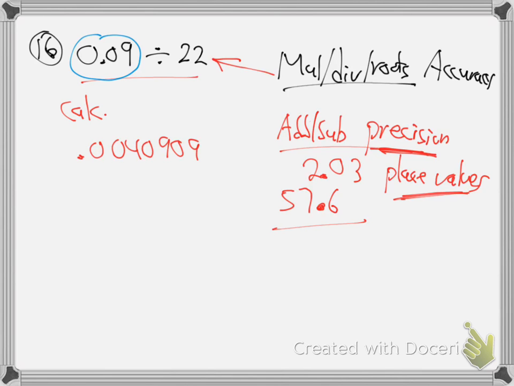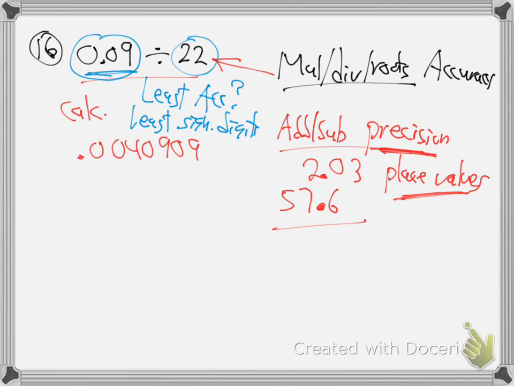So let's look at this number. Who has the least accuracy, meaning the least significant digits? How many significant digits in this number? 1. Only the 9, because those zeros are not after another number.